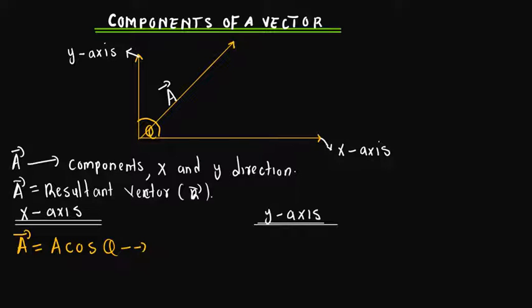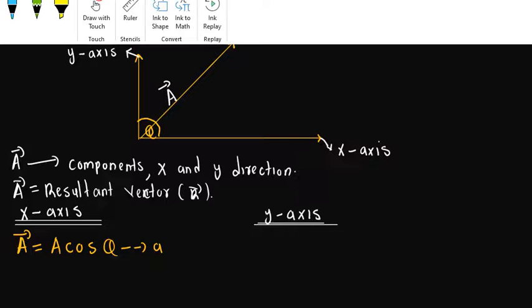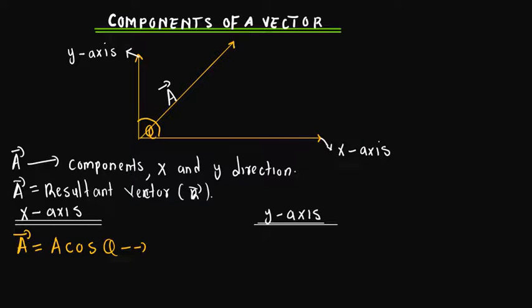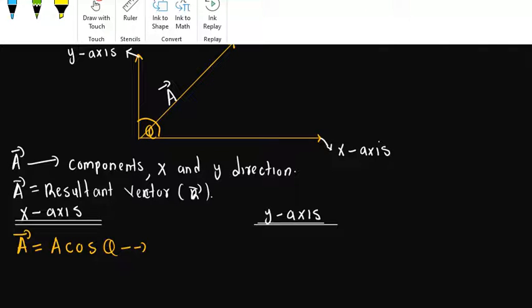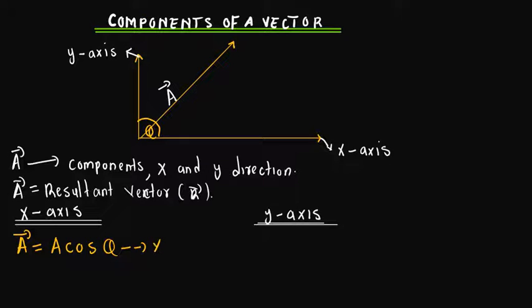And of course, this applies in the x-axis. In the y-axis, A vector is going to equal the same vector A, sine the angle theta, and of course this applies in the y-axis.